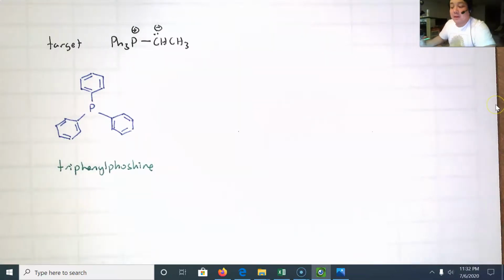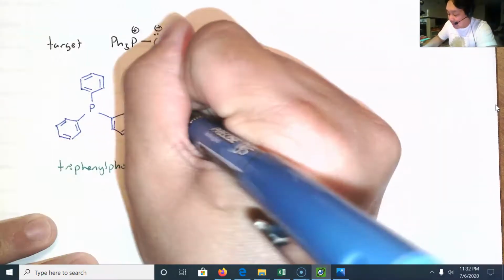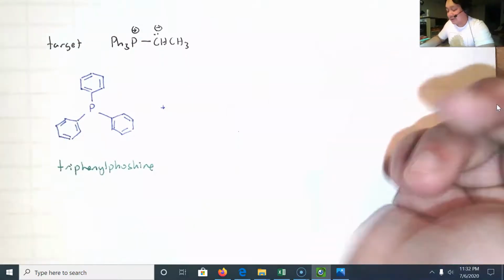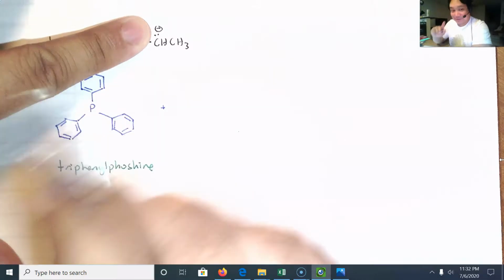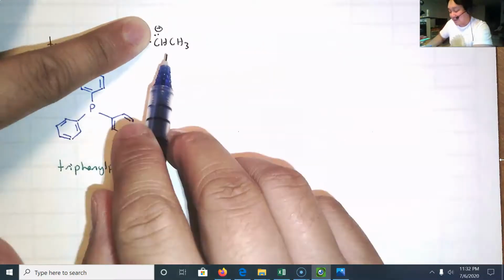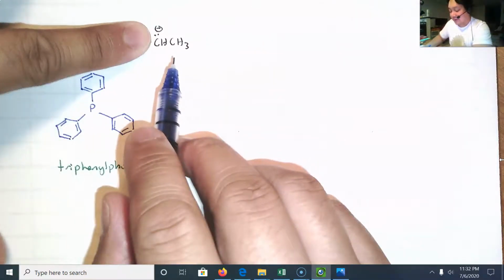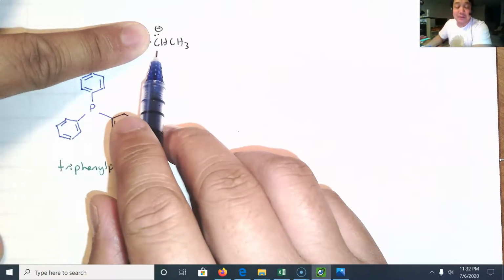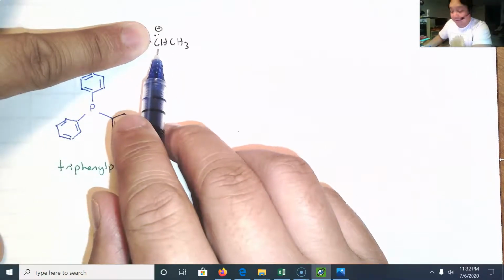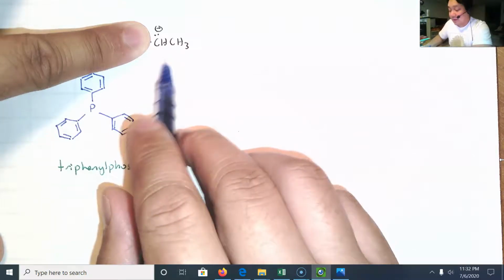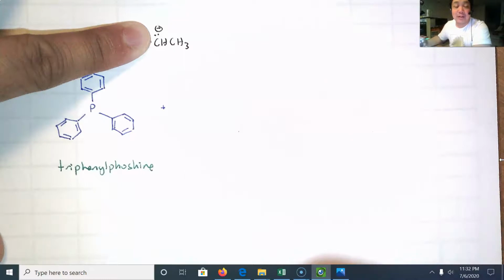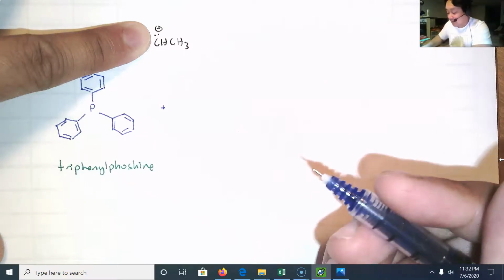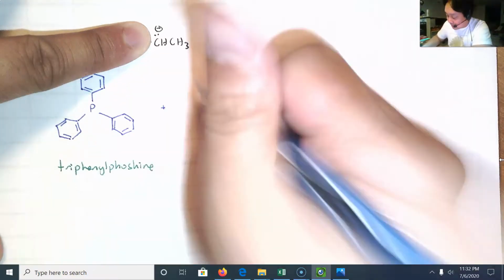Triphenylphosphine, 3-phenyl groups. The first thing is we're going to attack an alkyl halide. What alkyl halide? Very easy. Just put a bromine. There's 2 things actually. Because now if I cover up this stuff on the left side, the carbon's missing 2 bonds. Right? It only has 2 bonds right now. You're going to add a hydrogen and an alkyl halide. So you're going to add a hydrogen and a bromine. It's definitely 2 carbons.